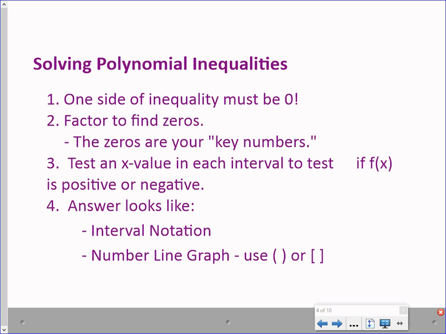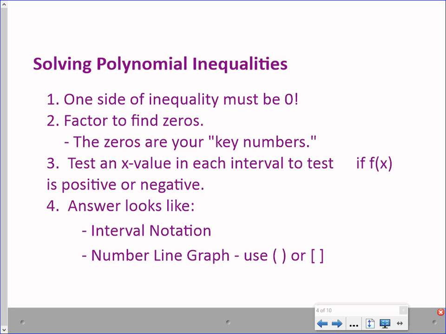So move anything off at the very beginning. After you do that, you should be able to factor these polynomials to find your zeros. I'm not going to have you solve a polynomial in this particular section by doing rational zero tests, guess and checking, working through all that. That's a lot of work, right? So to find the zeros or the x-intercepts, they're going to be those polynomials that you could probably factor.